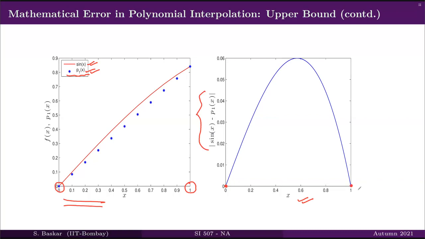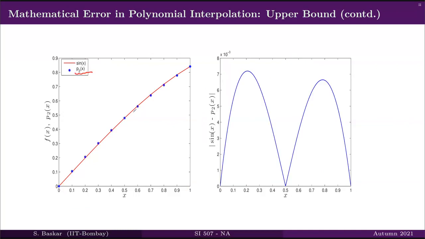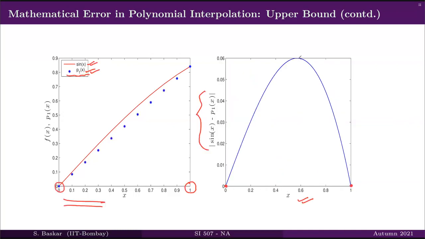That shows that we have chosen these 2 points as the nodes for the polynomial P1. And correspondingly, you can also see that the maximum error, this is your ME1 maximum now, right? In the interval [0, 1], that is around 0.06.